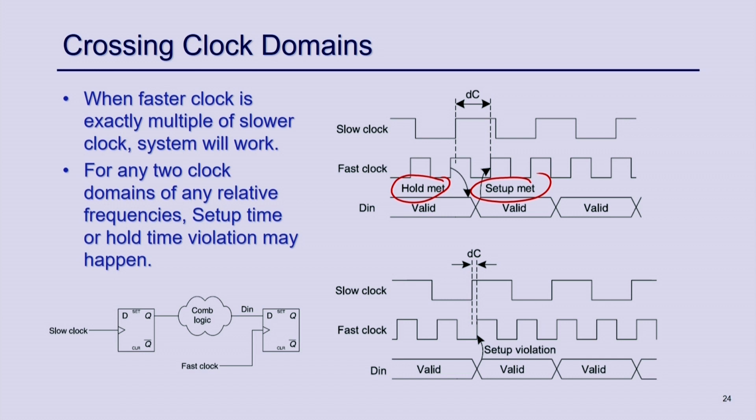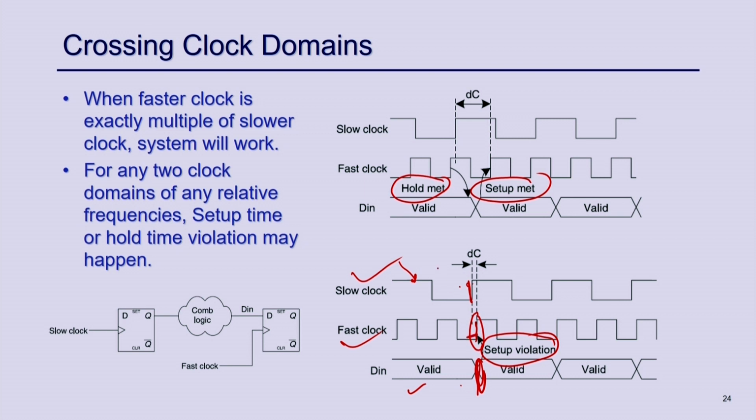For example, here this is your slow clock, this is your fast clock, you can see. There is a clock delay in that particular clock, which I talked about earlier also, and here the faster clock comes, and this data output is coming from this, related to this clock, right. Whenever this edge comes, this data gets updated, but it is changing here, right. At this point the data is changing and the clock is also changing, and that is called a setup violation, because at this point data should not change.